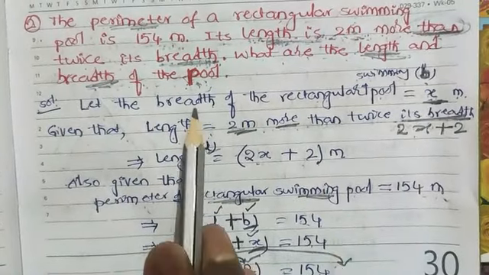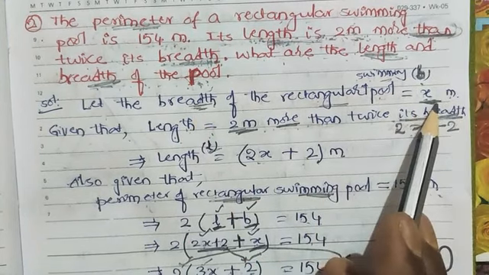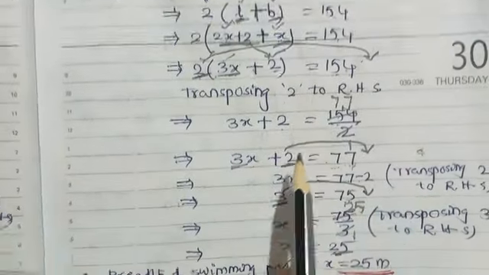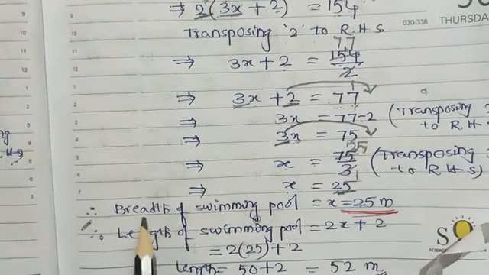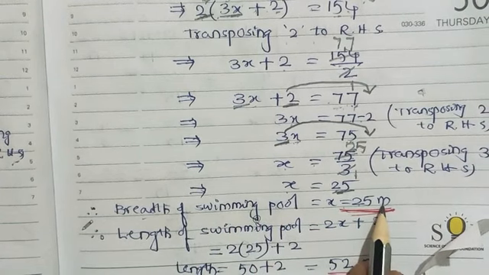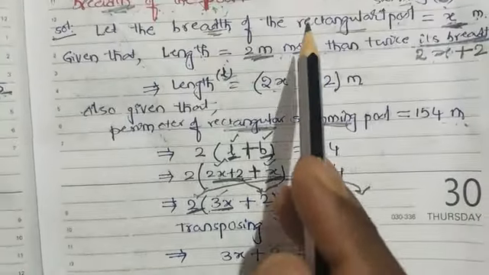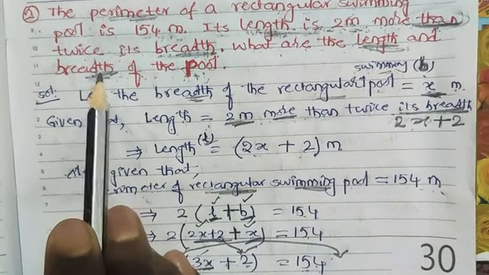We assumed x is nothing but breadth only. So the breadth of the rectangular swimming pool is x, which means 25 meter. In the question they are asking us to find out length as well as breadth.